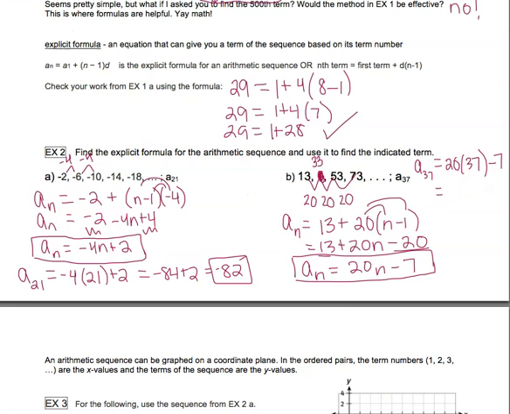And then if I double the 370, that gives me what? 740. And then minus the 7. So that gives me 733. And that is my a sub 37. So that's the second part of my answer there.